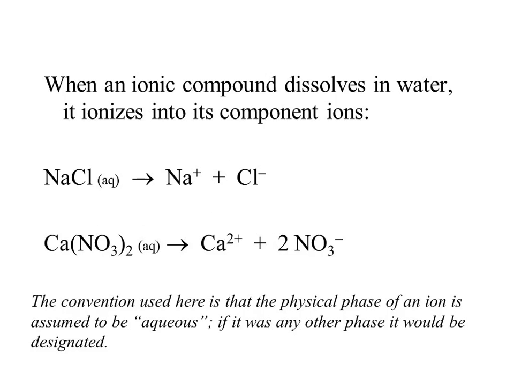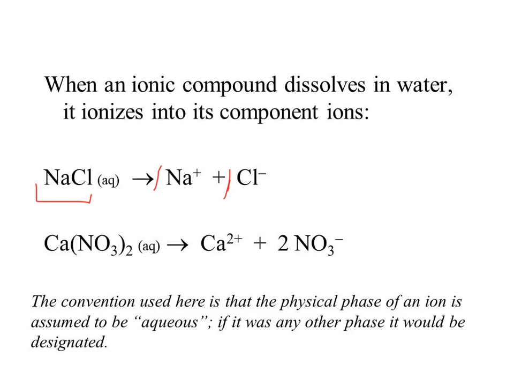Here are 2 examples of ionic compounds: sodium chloride and calcium nitrate. You know it's dissolved in water because of the AQ. The arrow is showing it falling apart. We use the word ionize for it dissolving in water. Here's the catch, and this goes with the stoichiometry we've been talking about: 1 formula unit of this will break out into 1 each of those ions.